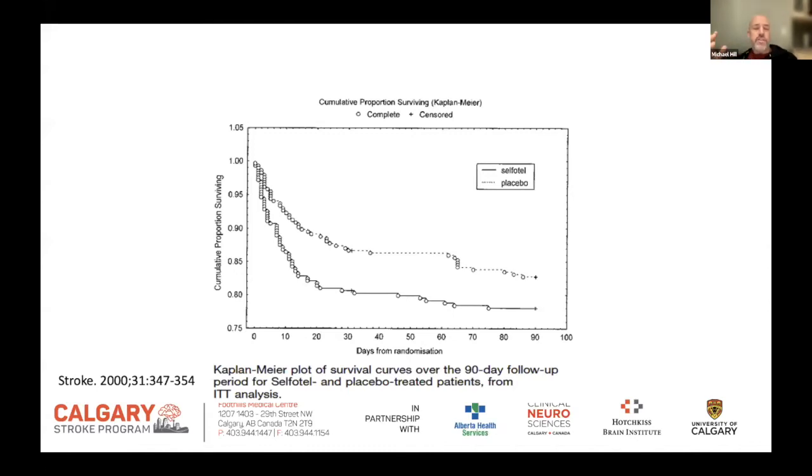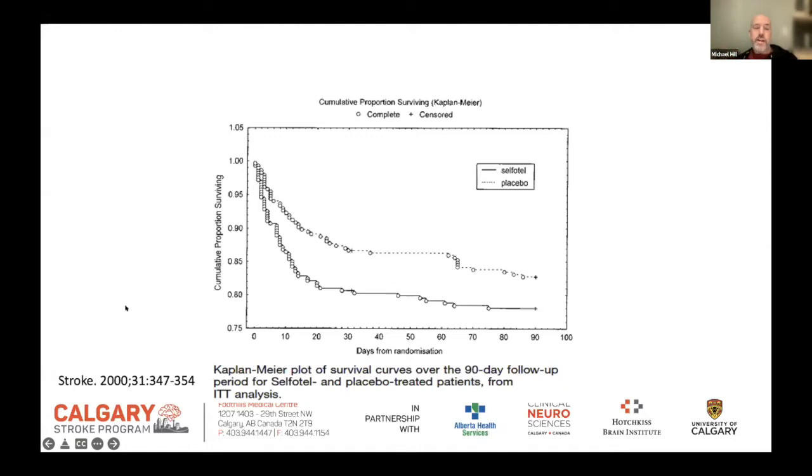Then this really took off, and compounds were developed that blocked that interaction, blocking the NMDA receptor at the extracellular space. One of the ones that was promoted was selfotel, and this study was published 21 or 22 years ago now. It was started in the 90s.